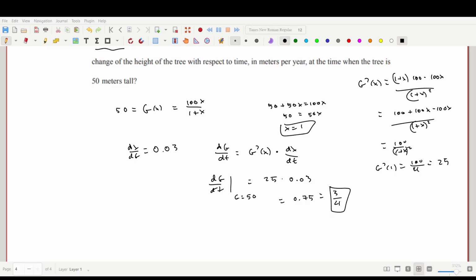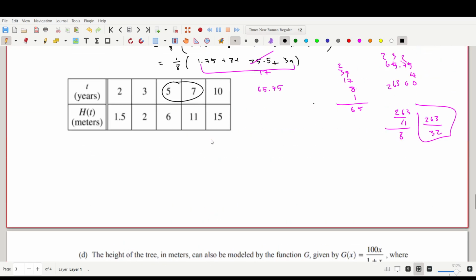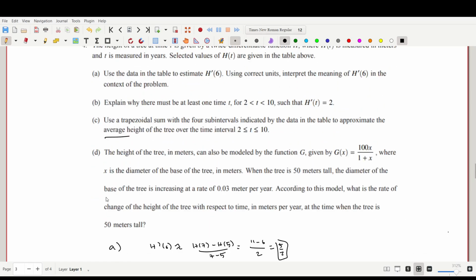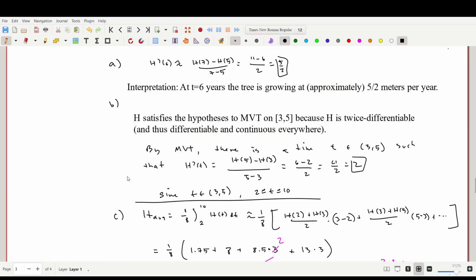Let me check all these. 3/4, yep, that one's annoying. Yeah, you pick 5 and 3 for that one. And then 5/2, yeah. All right. That's a really awful problem, I feel like. This is mean, mean, mean. B is mean, C is mean, D is actually pretty tricky, I think.